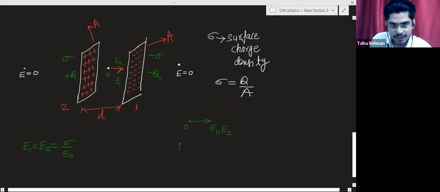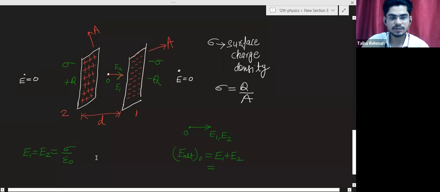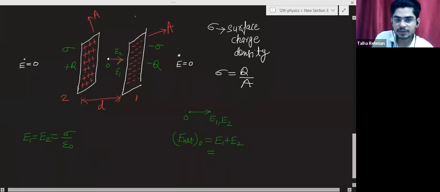So if I want to calculate the net electric field at point O, I will add both the electric fields, like E1 plus E2. Sorry, I made a mistake. The value of electric field due to any of the plates will be sigma by 2 epsilon naught.